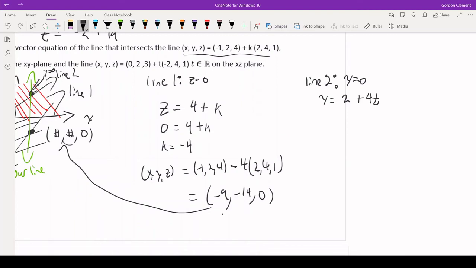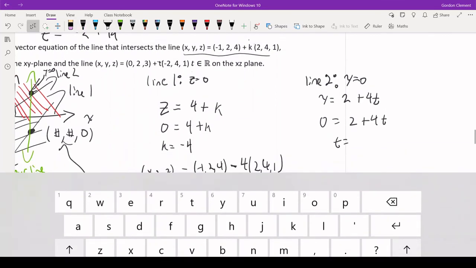I was nice and chose 2 different letters for the lines because I'm not going to necessarily get -4. So whenever you have 2 separate lines in the same question, you need to have a different parameter variable. So k for the first one, t for the second one, because they're not necessarily the same. But again, y is going to be 0, so 0 equals 2 plus 4t. So t is -1/2.